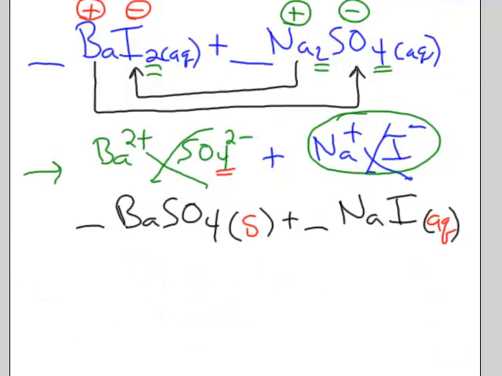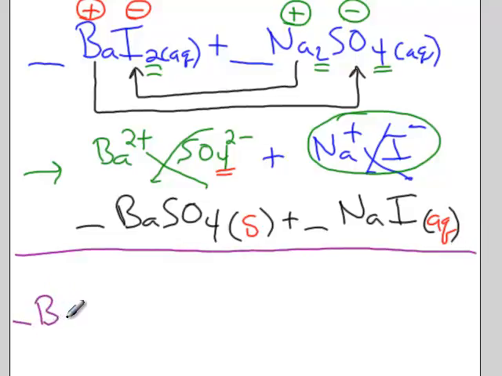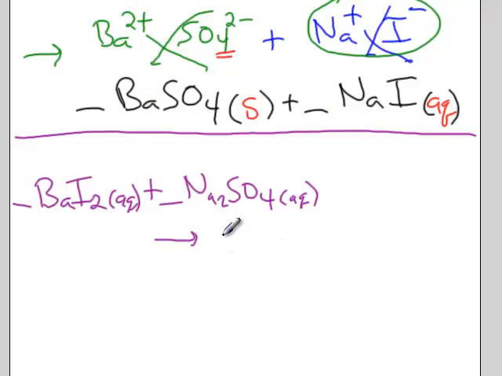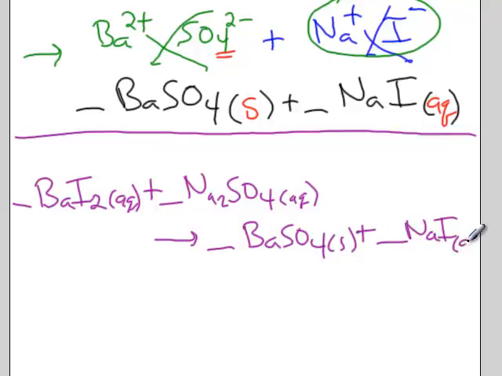That gives us the phases, but we haven't balanced this reaction yet. So if I rewrite everything to make it look a little neater, I have barium iodide, aqueous, reacting with sodium sulfate, aqueous, and then on the product side I make barium sulfate solid and sodium iodide aqueous.